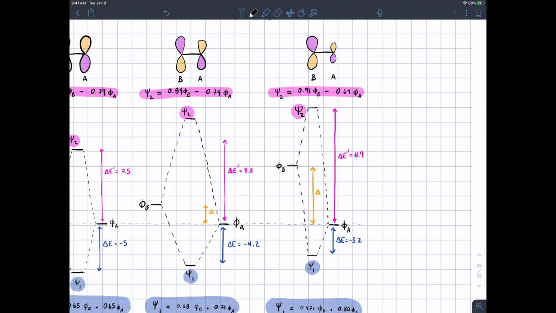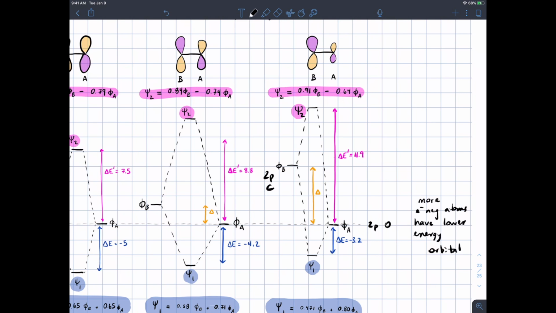As an example, supposing you were making a carbon-oxygen pi bond, and this is a 2p orbital from oxygen, and this is a 2p orbital from carbon. Remember a principle we'll talk about later, that more electronegative atoms have lower energy orbitals.